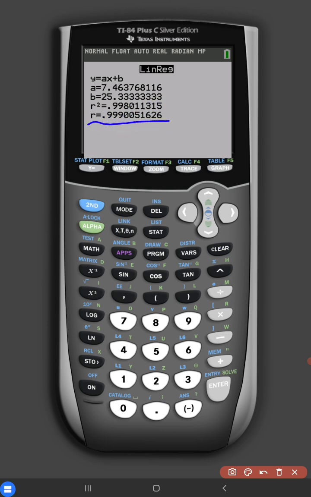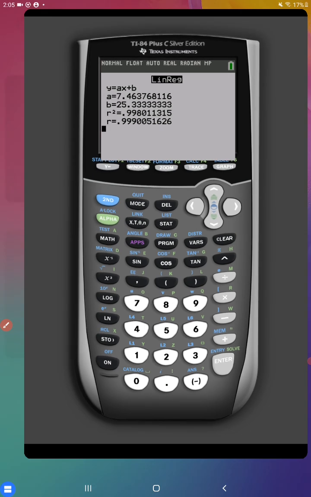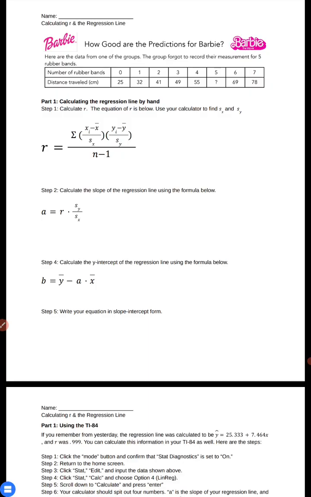Your R value is your correlation, and it tells us that our R value is 0.999. It's almost a perfectly straight line. Okay? So going back to our notes, now we know what R is. R is 0.99.